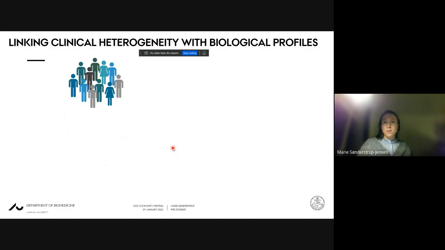So one of the things that I also want to do with these studies that I'm working on is to link the clinical heterogeneity, or the different symptoms that we see in the patients, with biological signals or profiles or biomarkers, or whatever we want to call it.